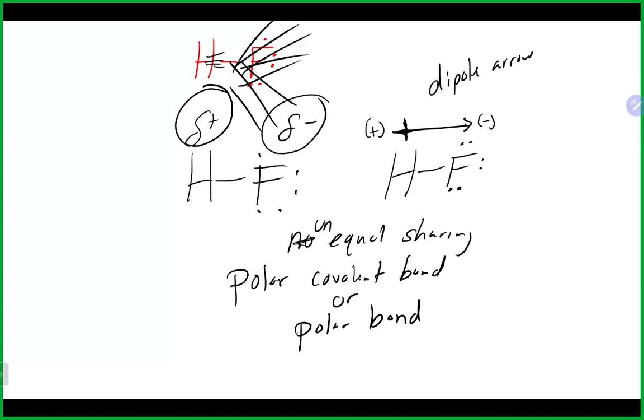Are they being transferred or shared? Being shared, yeah. Even though they're not being shared equally, there is still some aspect of sharing. If you want to go back to the tug of war example, the hydrogen is just barely hanging on to that rope. The fluorine is dragging it across the grass, right? But he's still hanging on. So because there's still some aspect of sharing here, we get a partially positive charge and a partially negative charge.